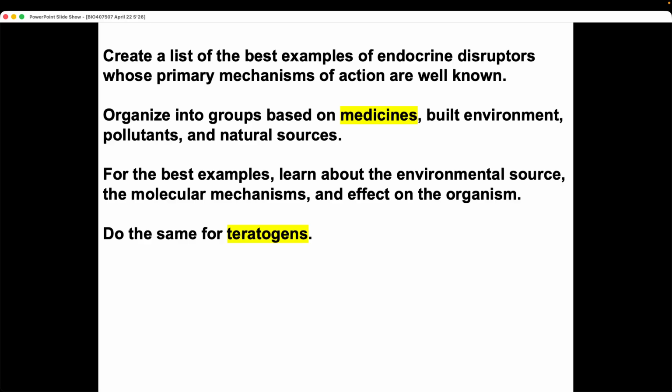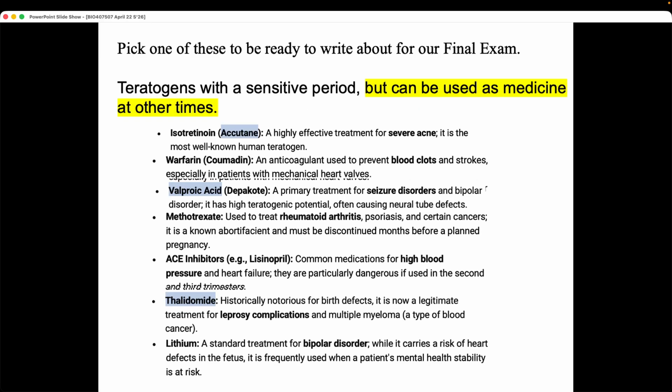So that's a way to fit some of these examples into that. Kind of this way of trying to build categories and detailed examples within the category, okay?